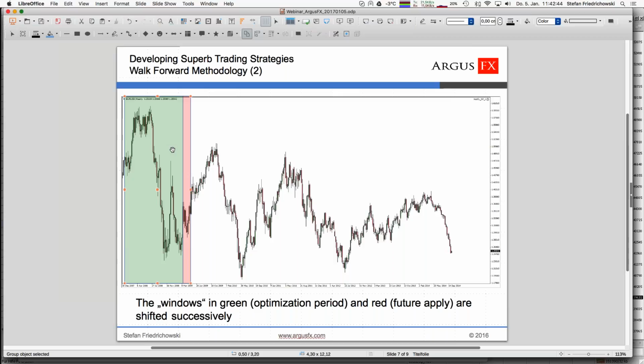And I record all the trades which have been done in that future in the red box. Then what I simply do is I move that window exactly by the length of the red box to the right. And now, once again, I do the optimization process within the now green box and apply all my rules for the upcoming future, and so on and so on.